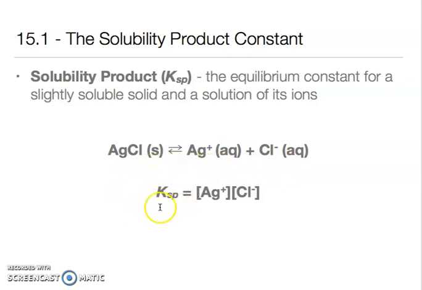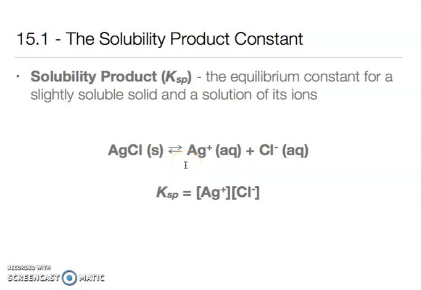So in this case, my KSP, that SP stands for solubility product, it just means the equilibrium constant of dissolving a salt in solution, is equal to the concentration of my silver ion times the concentration of my chloride ion. What we see is both of them are raised to the power of 1 only because the coefficient in front of both of them is 1.